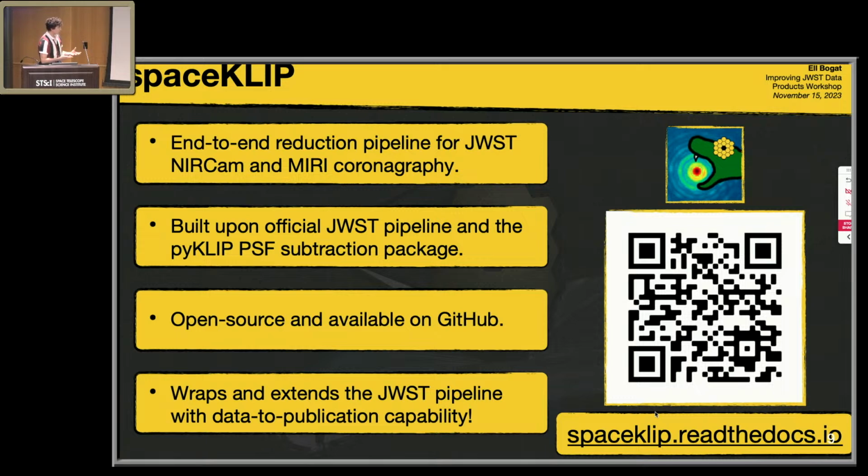So this is an open source package available on GitHub. There is a QR code for your perusing pleasure. And generally we're wrapping and building off of the official JWST pipeline with some extra steps at the end to get us from our data to publication-ready plots.